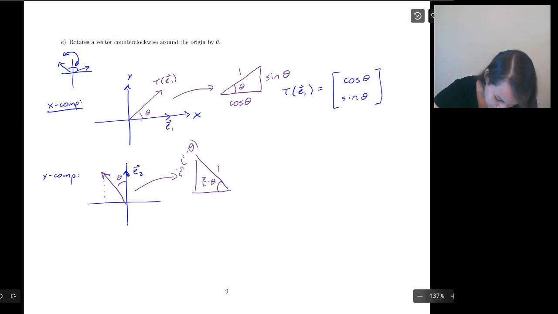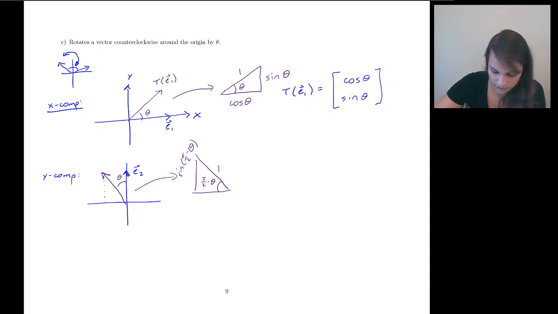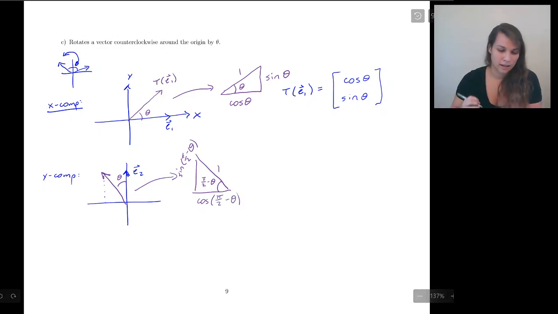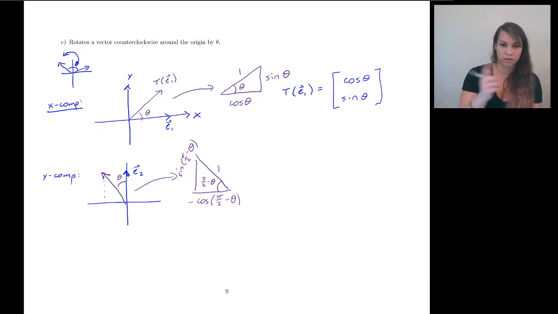Oh, that is hard to read. It's a little bit better. Okay, and then we say the adjacent side is going to be cosine of pi over 2 minus theta. And then maybe a few of you caught this, it should be a negative cosine because we are on the negative axis.